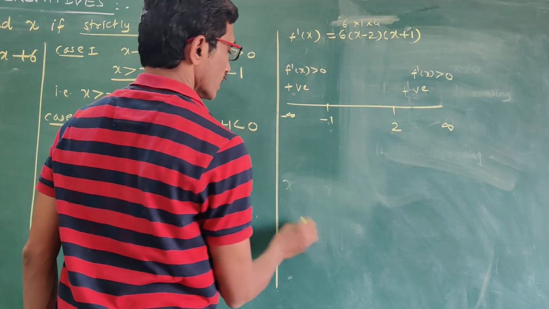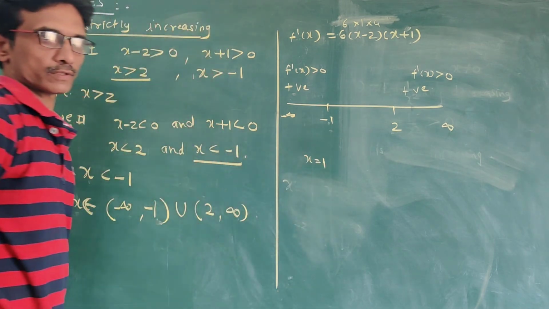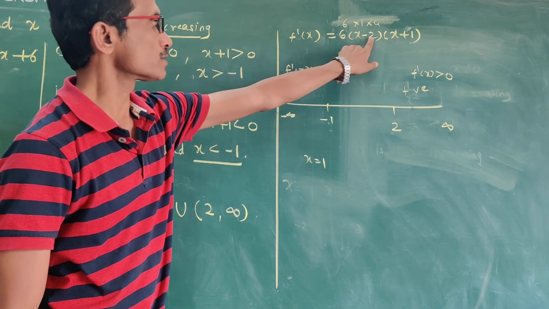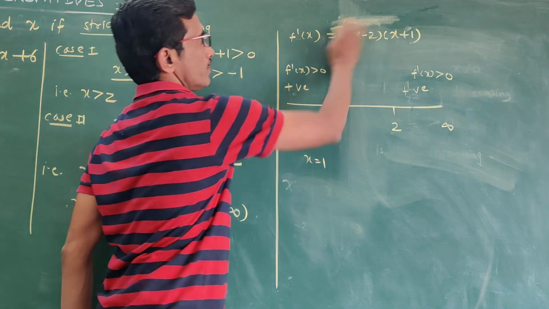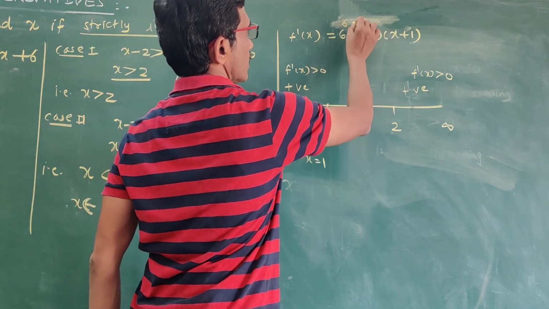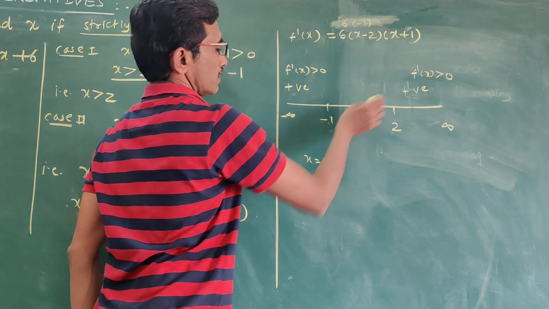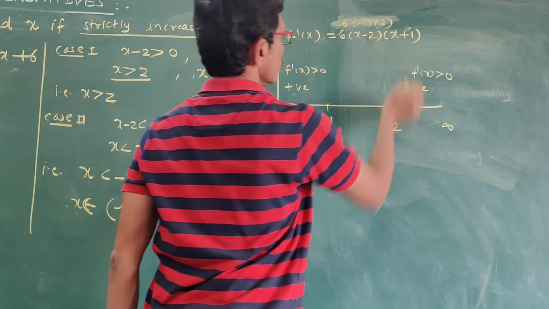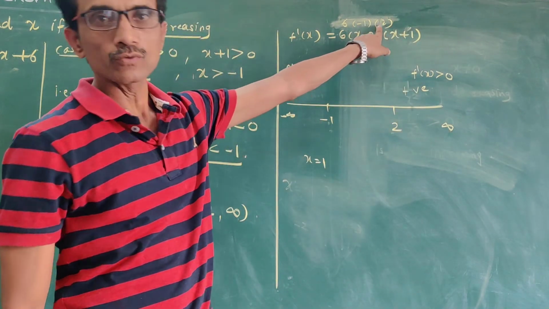Here we take point 1, x is equal to 1. So if you take x is equal to 1, so 1 minus 2 will be minus 1 and 1 plus 1 is 2. So this is what? Negative sign.